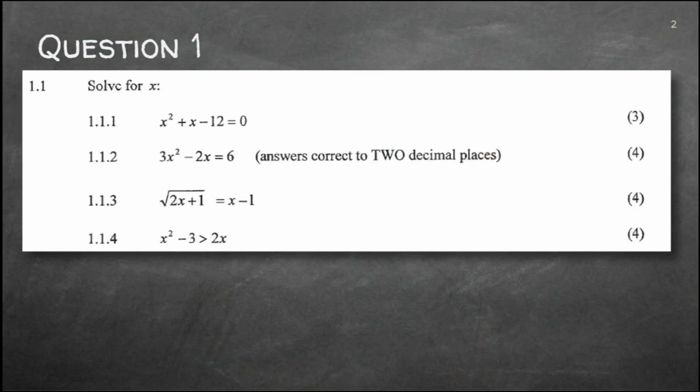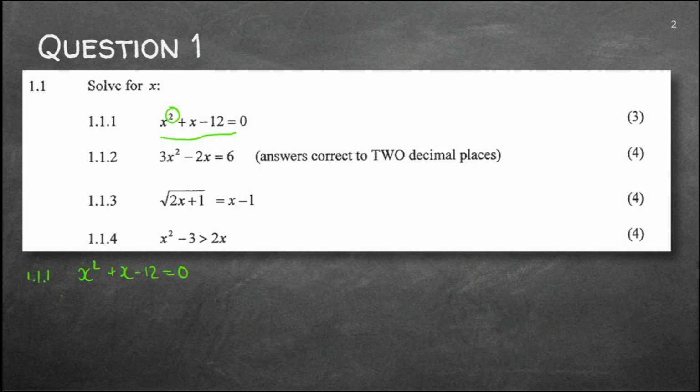So the first question, solve for x, when we have x squared plus x minus 12 equal to 0. Immediately I can see this will test our factorization, as I'm expecting two answers for x. So for 1.1.1, we will say x squared plus x minus 12 equal to 0.